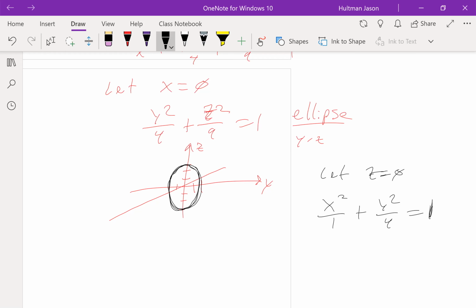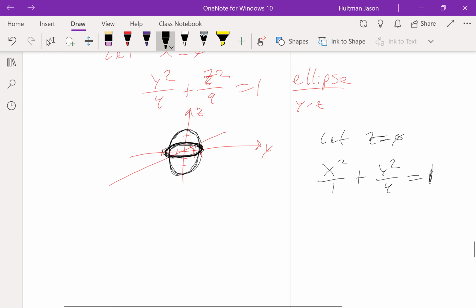That tells me that I'm going to go out 1 in the x direction. This is still an ellipse, but I go out 2 in the y direction. Okay, and so it's this ellipse now. Okay, so that's that ellipse. Interesting. Nice, nice, nice.